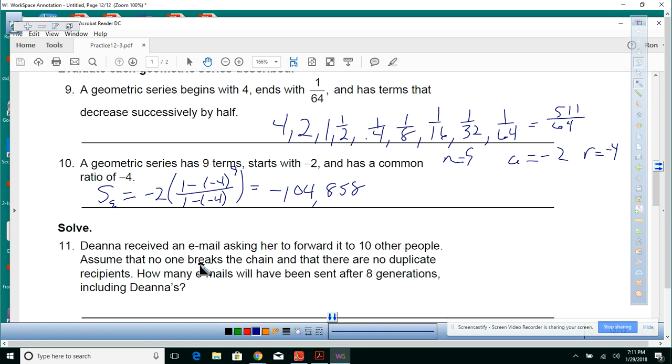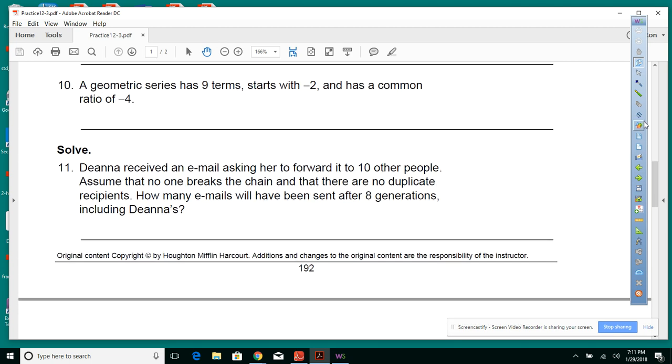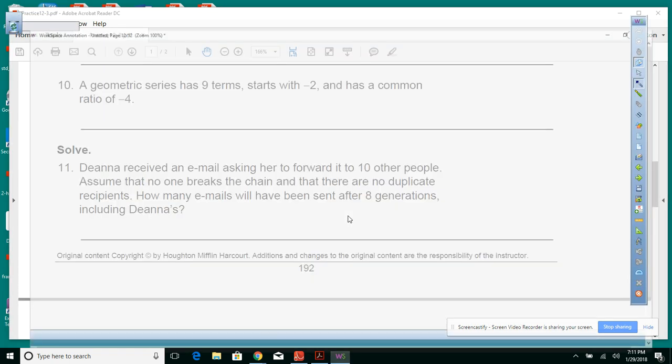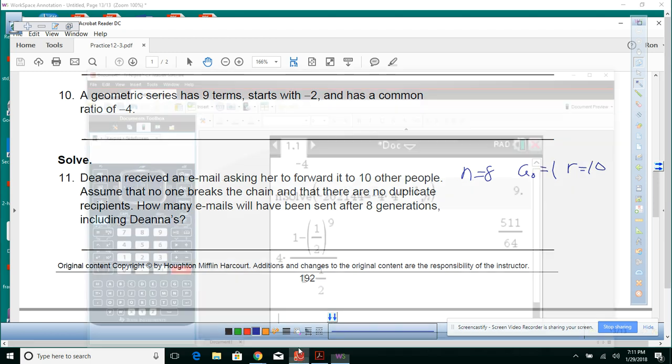Deanna receives an email asking her to forward it to 10 other people. Assume that no one breaks the chain and there are no duplicate recipients. How many emails are sent after 8 generations? So n equals 8. A sub 0 equals 1. R equals 10. Okay, so let's try that.